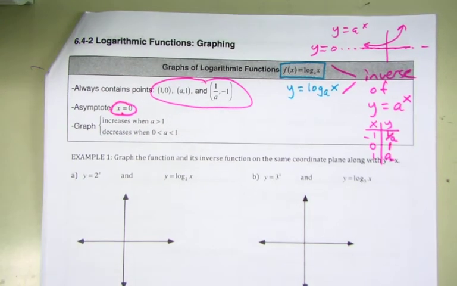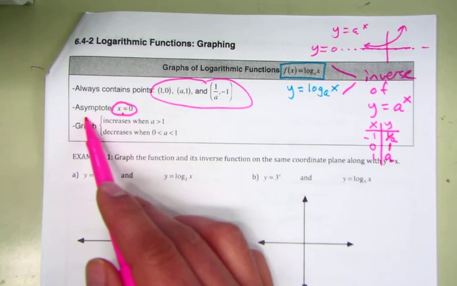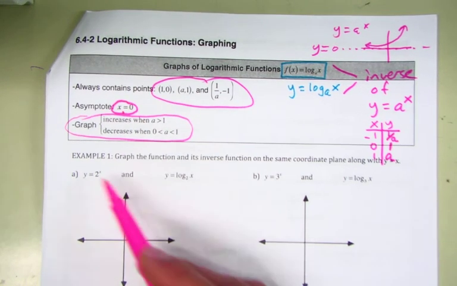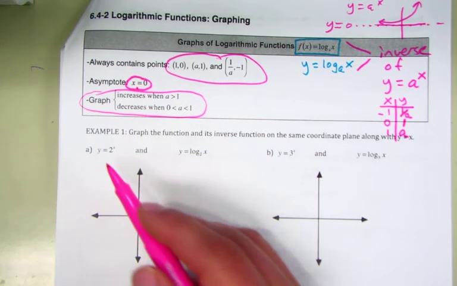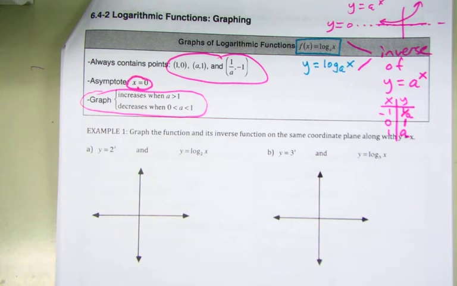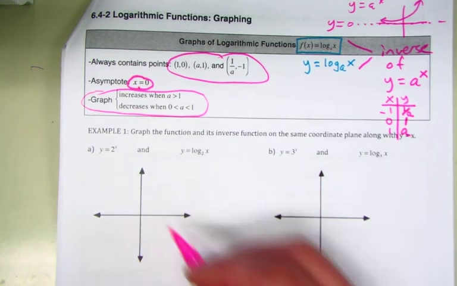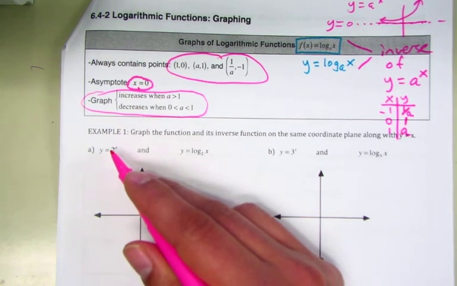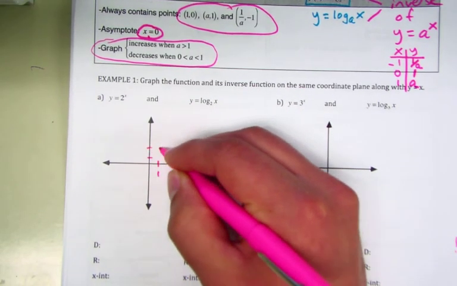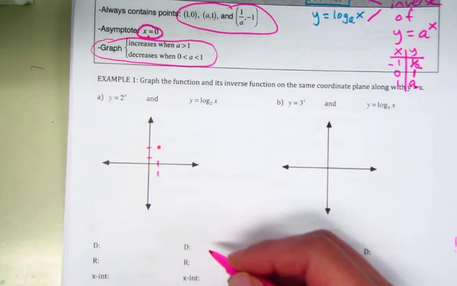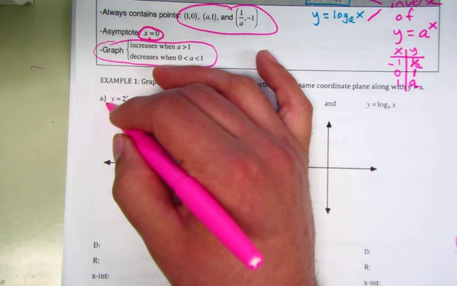Now, this is important, you should know this, but I think it'll help when we start doing this example, okay? So let's first start by doing y equals 2 to the x, okay? The 3 main points that we would graph for this one are 1, 2, right? What else? I'll do this one in pink.